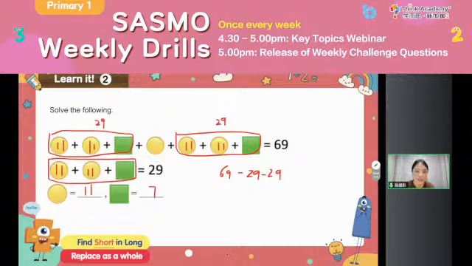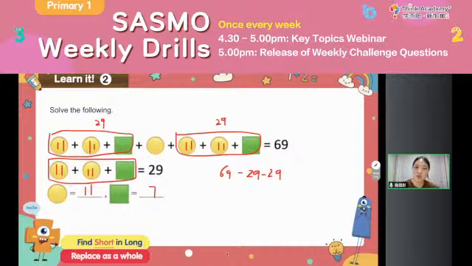Actually, have you found that no matter whether we replace with the little helper or as a group, our target is always to make one equation become one with only one type of shape, because we can only calculate the equation with only one missing number, right? That is one type of shape that will help us a lot.